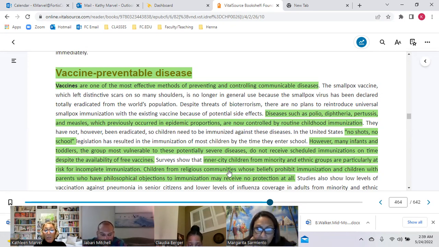Children from religious communities whose beliefs prohibit immunizations. We just talked about that. It's a religious exemption. And parents who have philosophical objections. So that's that personal exemption. And we need to be mindful of who's not immunized. Not to be punitive, but to be educated, to do education.